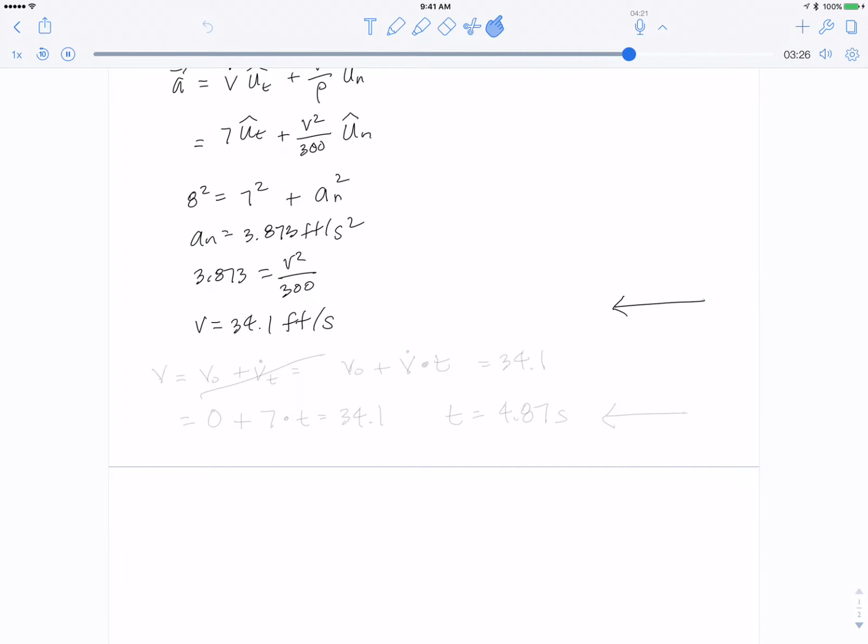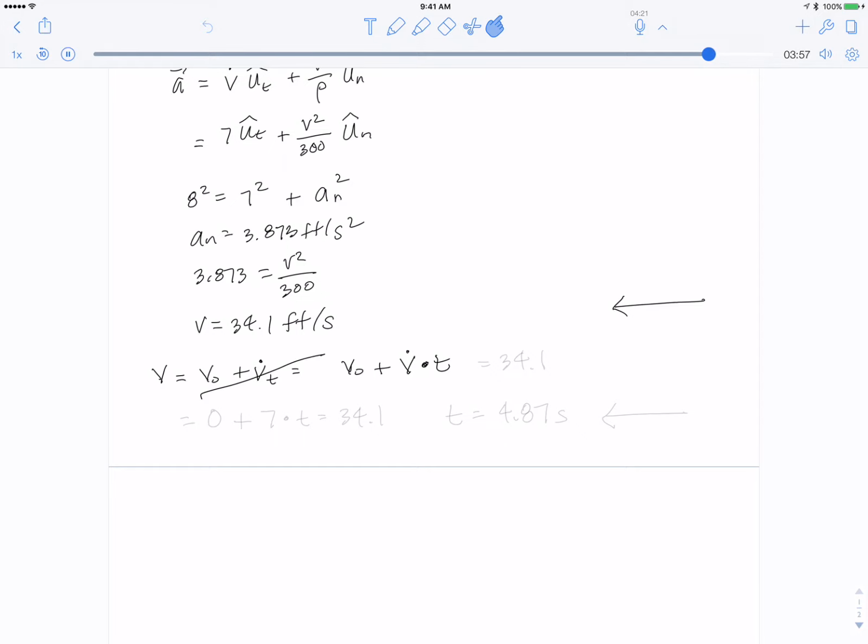But it wants to know when that happens. So we do know that the velocity is the initial velocity plus v dot times t, which is constant. Let me fix that. It should be v naught plus v dot times t.